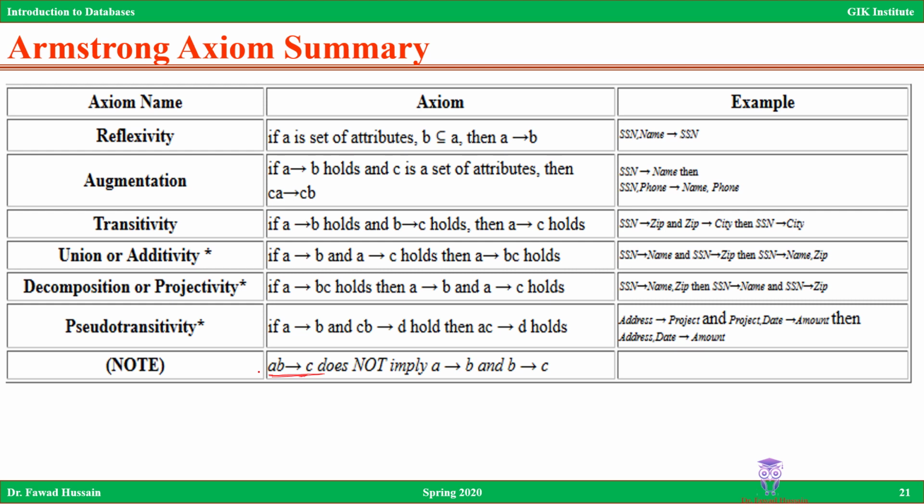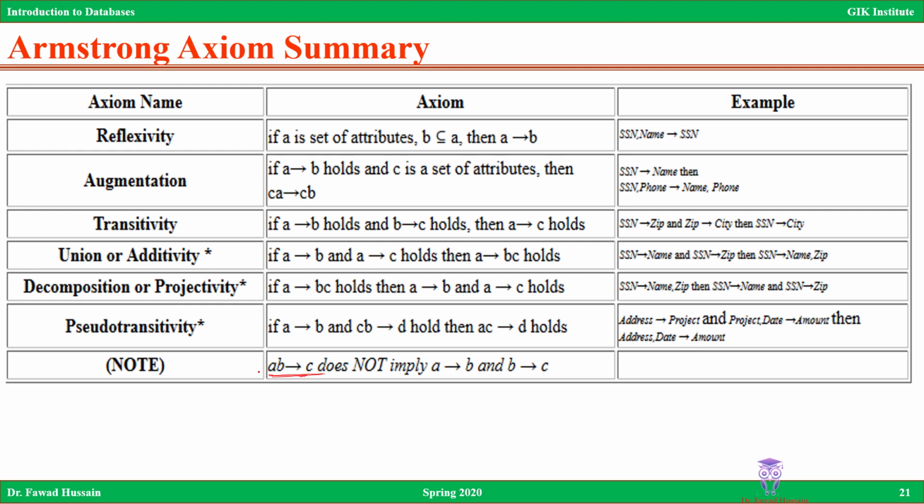That's it. I hope it's not very difficult, but you need to maybe look at it once or twice to get this idea, because it's very important to know about the problems of insertion, deletion, updation, and about functional dependencies. This will form the basis for the normalization that we'll do in the next two lectures.